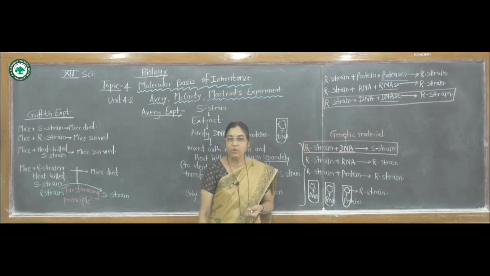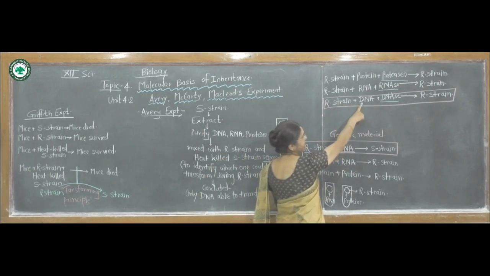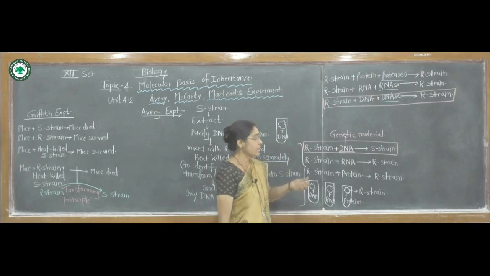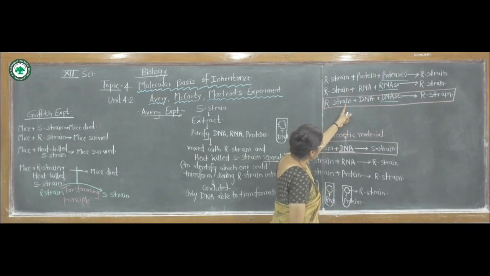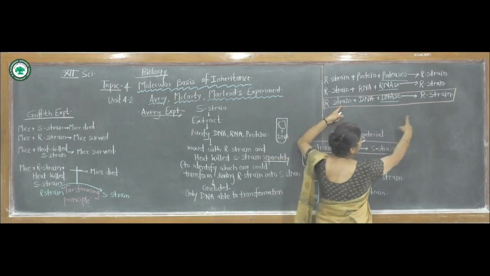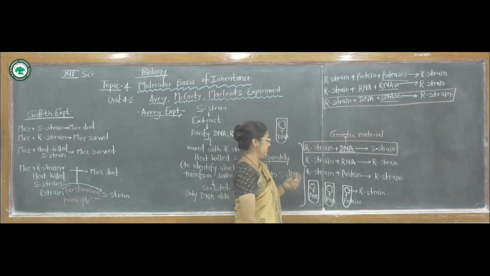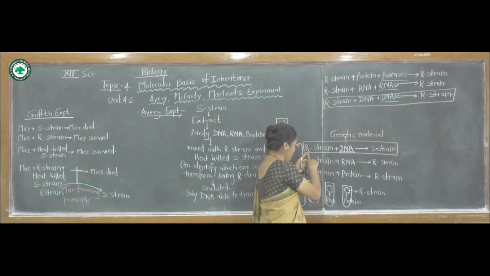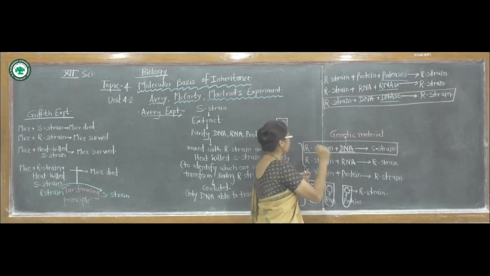That means the DNA molecule can be broken down, and as the lysis of the DNA is achieved in the presence of enzyme DNase, the R strain bacterium remains as it is. There is no transformation.